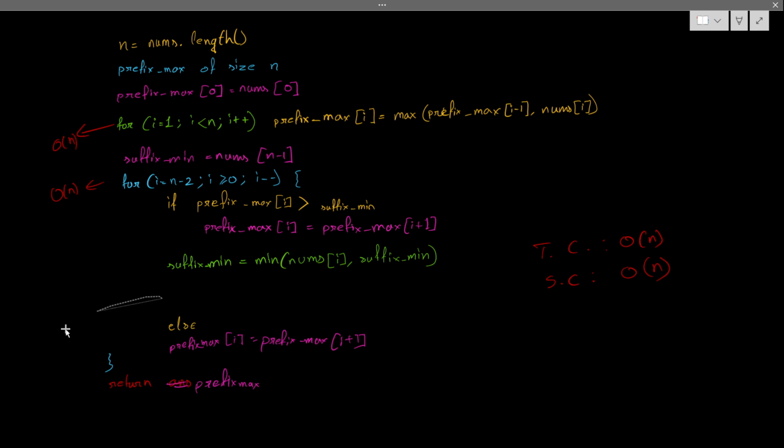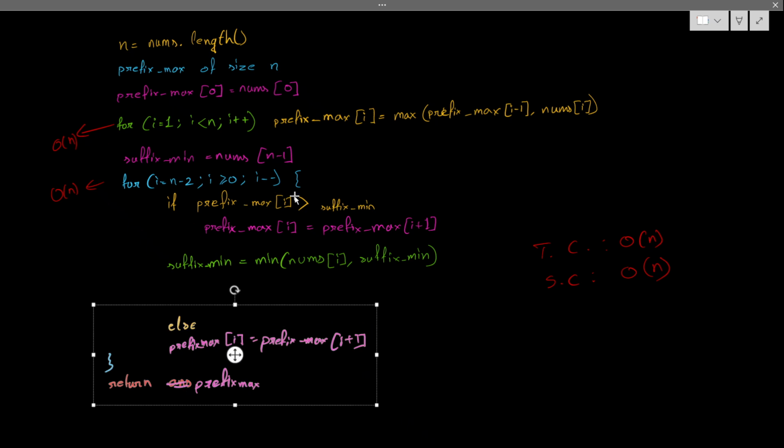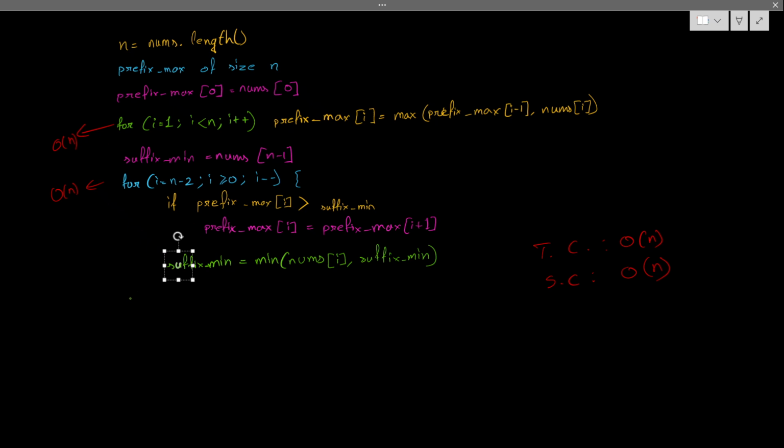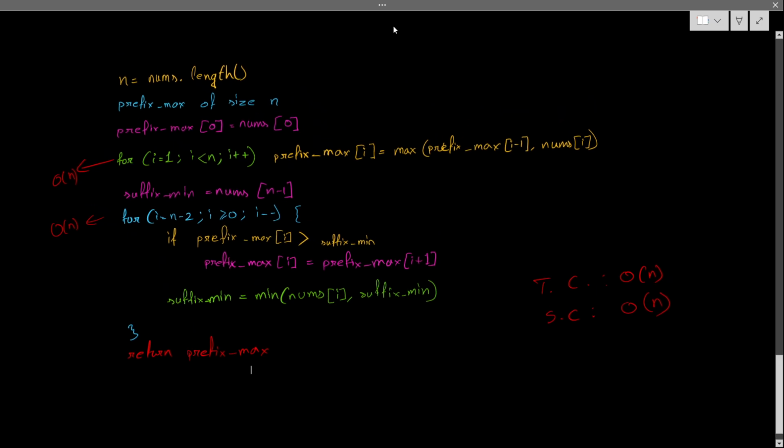And I can return my answer, which is prefix max. So I can directly stop here, the loop is ended, and I can return prefix max.